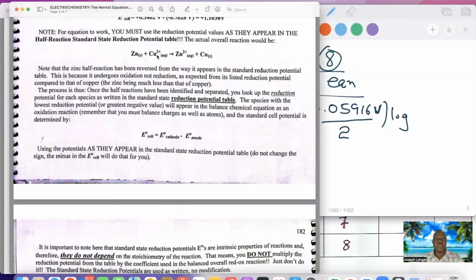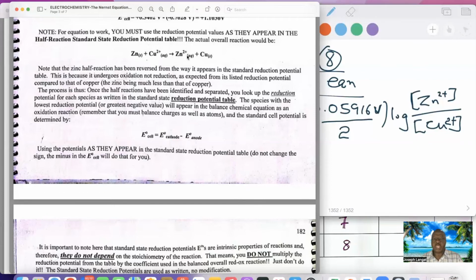Log of the concentration of product, which is the zinc, over the concentration of copper. So for each cell, you need to look at the concentration of copper and the zinc ion concentration.